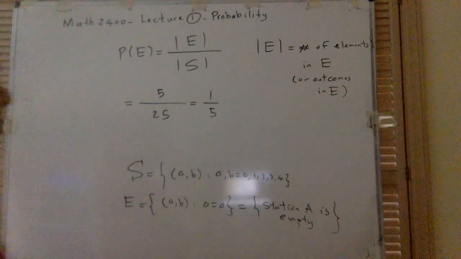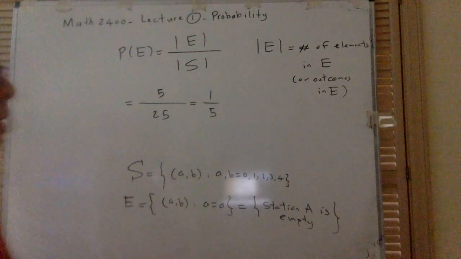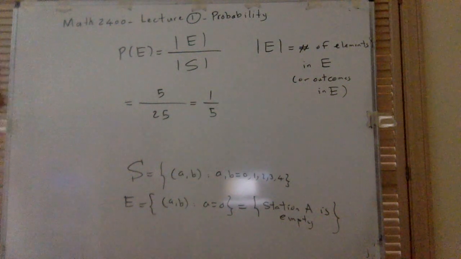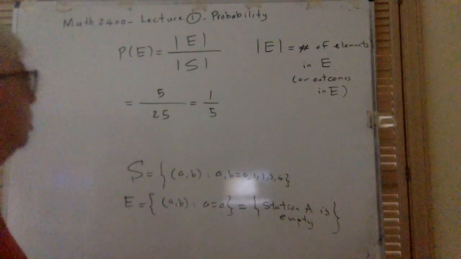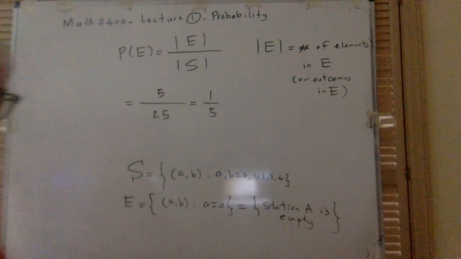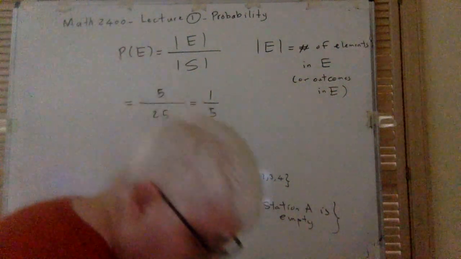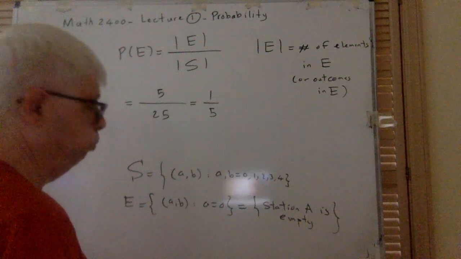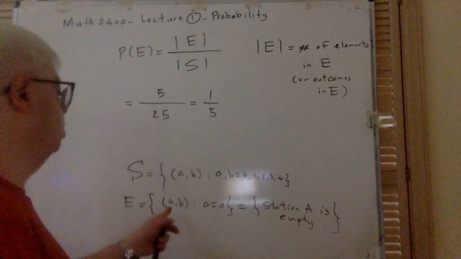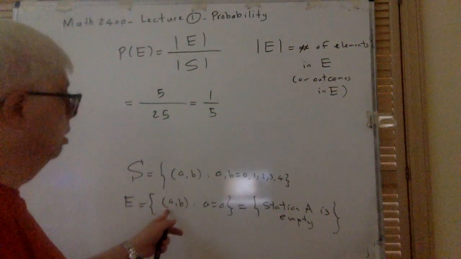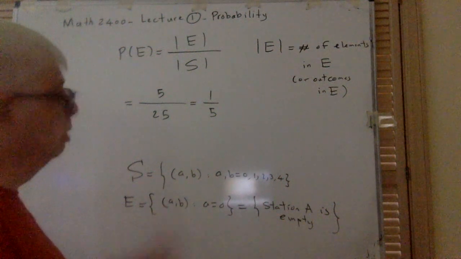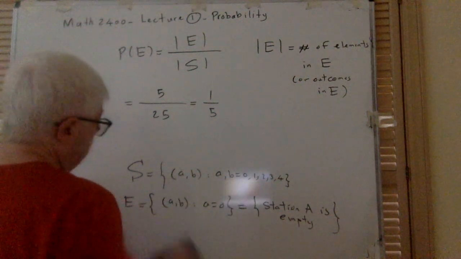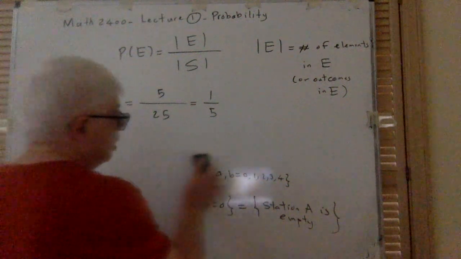Just assume that you're taking a picture of both of them at a certain point in time, like at 6 a.m. for example, and the probability that the first one, A, is empty is 1/5. Like you can just say what's the probability that there's one here, just one here, and that's also something like this. So you can just talk about different events and find the probability of that event happening.